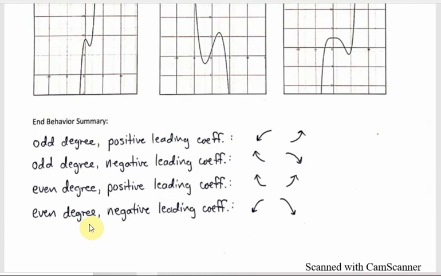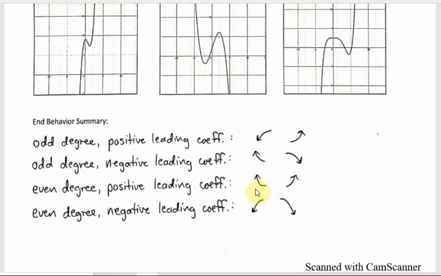The even degree ones, if you think about what a parabola does, that's the simplest thing. That's the way that I think about it. And maybe I'm not being super objective since it is the way I think about it, but I do think that's the way to go. So if you have even degree, like an x squared, x to the fourth, that kind of thing as a leading term, and a positive leading coefficient, then it looks like a parabola opening up.